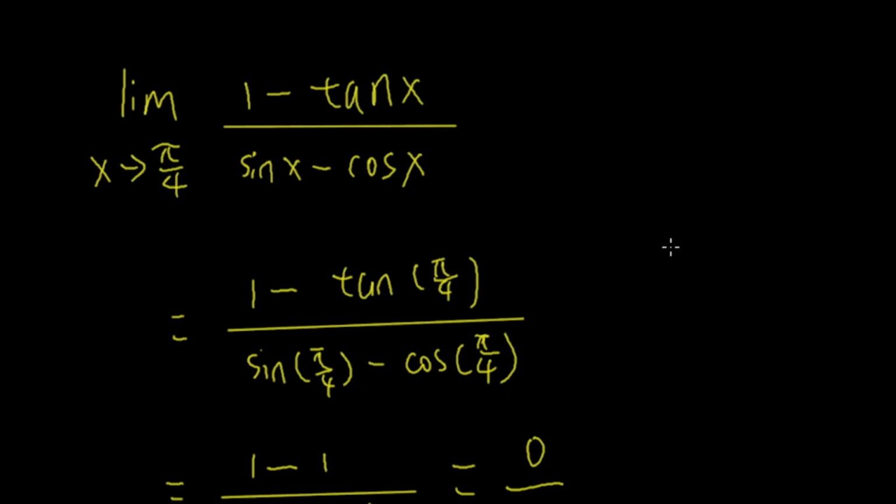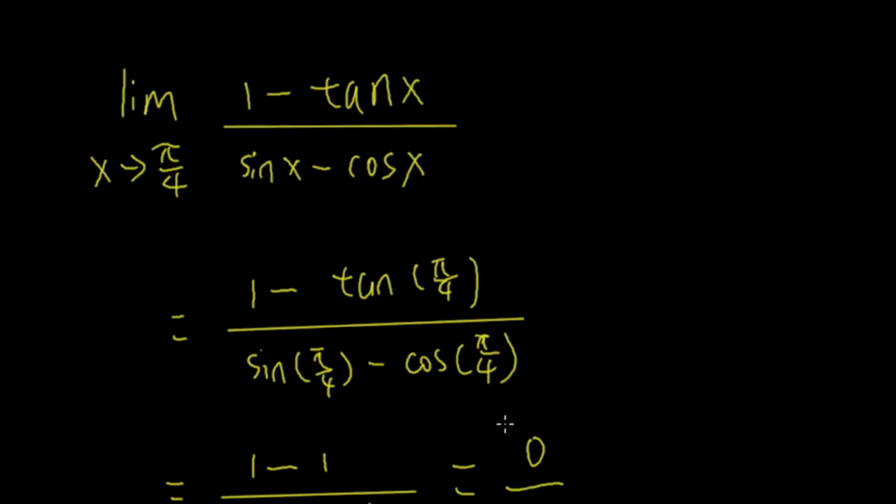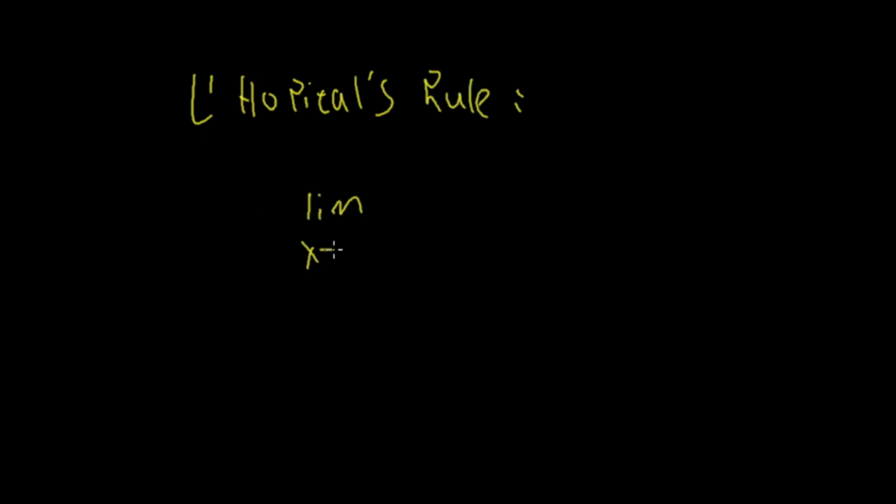Okay, now notice that at the beginning, right, we directly plugged pi over 4 into x here and we got 0 over 0, which is the indeterminate form. That means we can use L'Hopital's rule to solve this too. Okay, so let's do it here. The original limit is this.